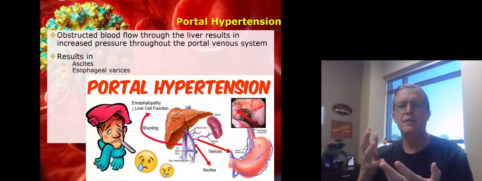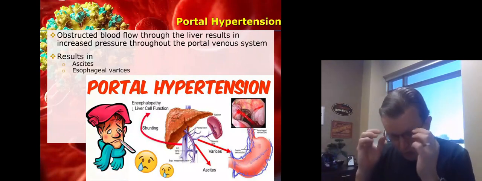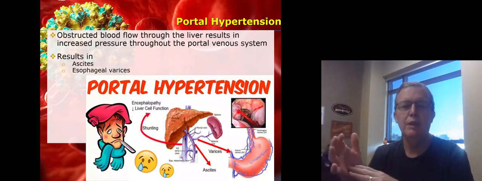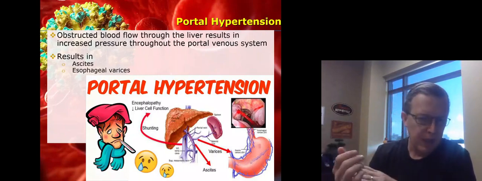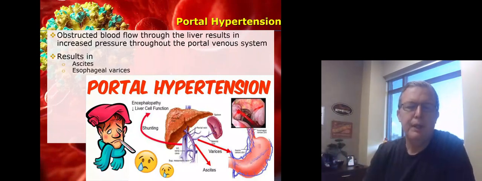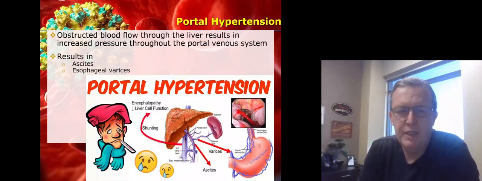So the fluid that helps constitute that plasma is also going to try to find a place to go. And in finding a place to go, it's going to end up in the peritoneal space between the visceral and parietal peritoneum and create what's called ascites.